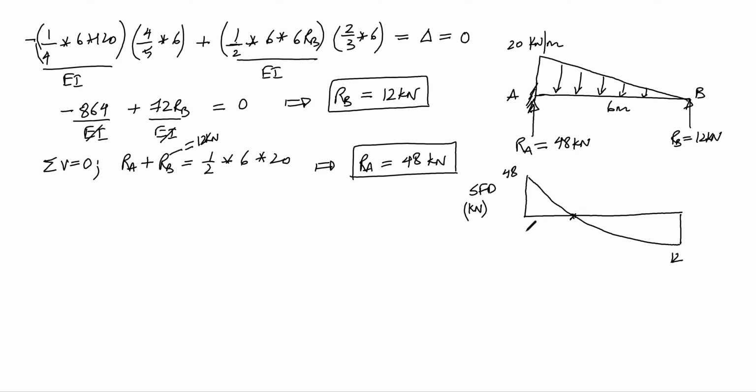So let us consider this point at a distance x from point B. So this is point A, this is point B. So at this section, let me call it section 1-1, this distance is taken as x.